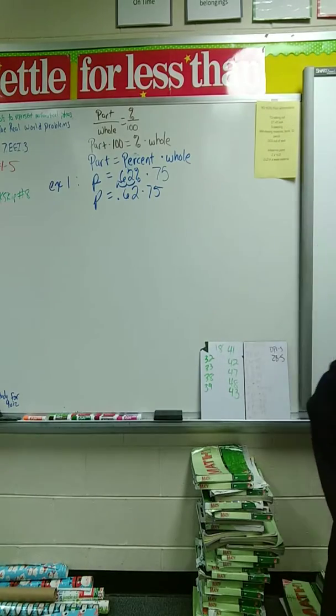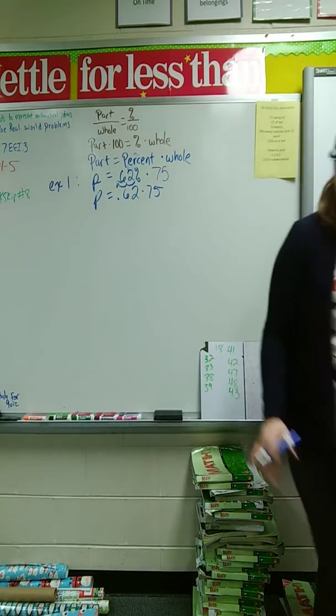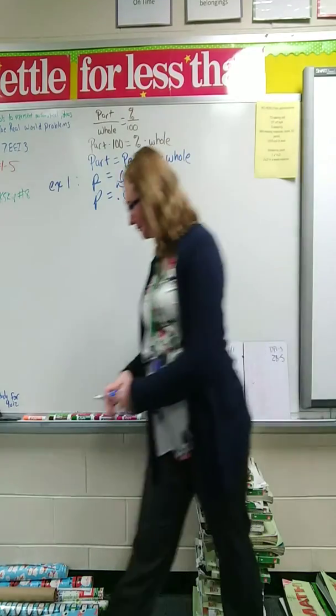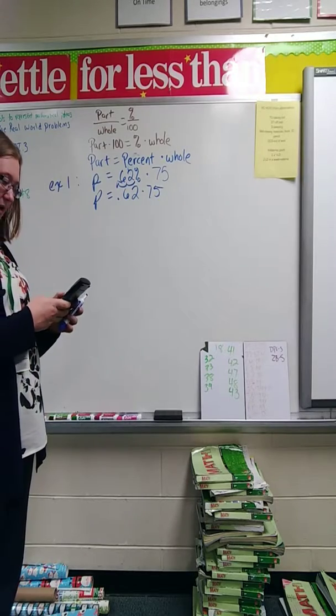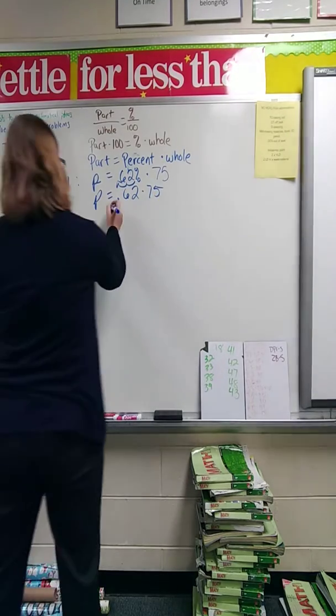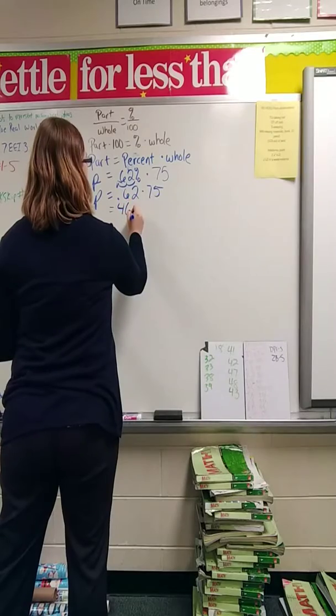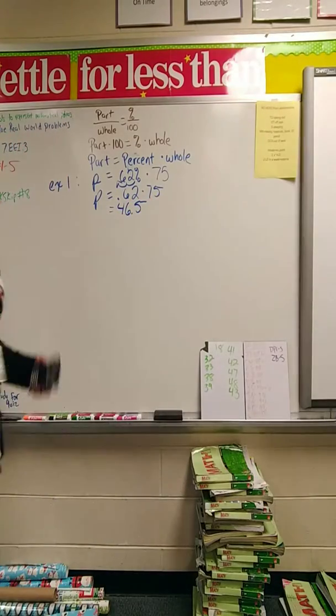We will then go to our calculator. 0.62 times 75, and we get 46.5. Ta-da! That's it.